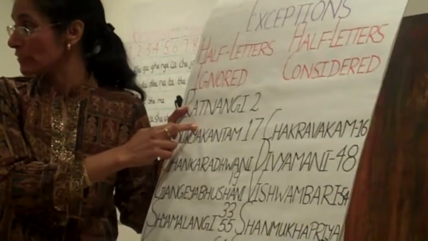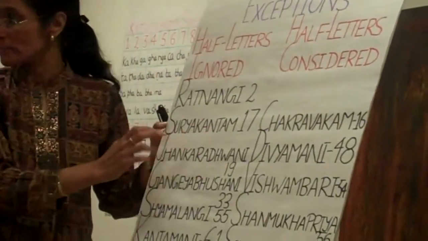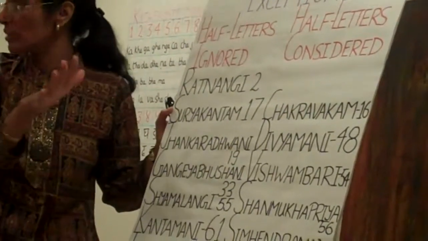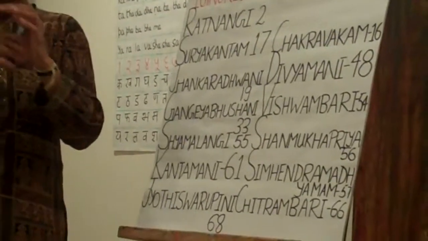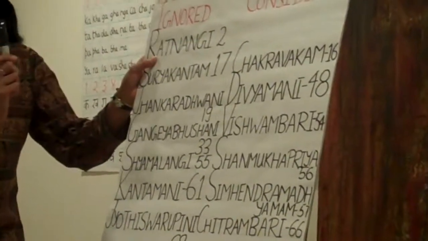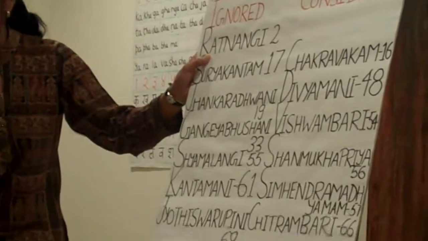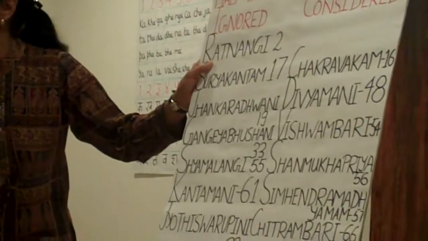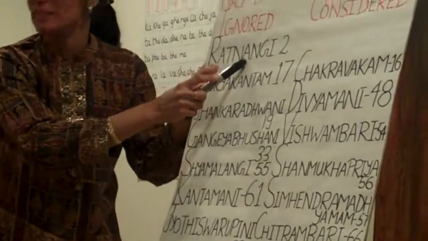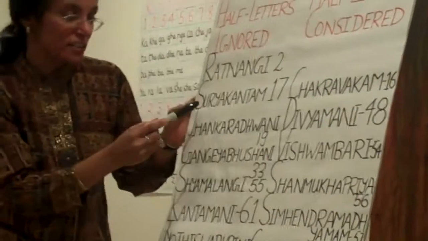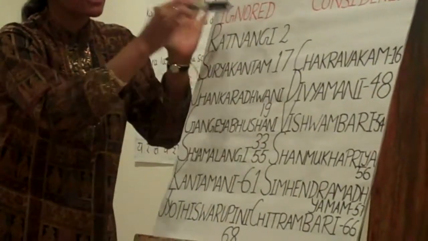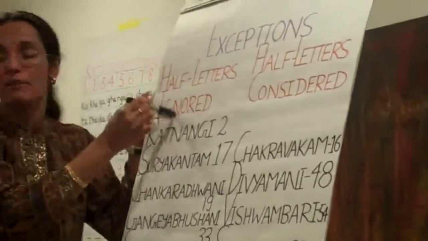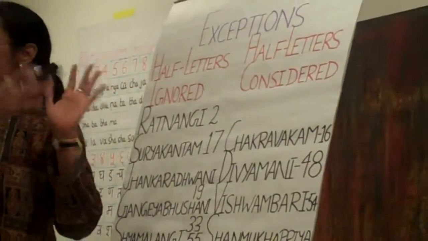Suryakantam is not Surayakantam, it is Suryakantam. If you have to strictly apply the Katapayadi Sankhya, the two syllables to be taken into account would be Ra and Ta, but it is not the case. Ra and Na have been taken into account. Similarly, not the Sa and the Ra, but the Sa and the Ya. That is why I said half letters are ignored, and they are exceptions.